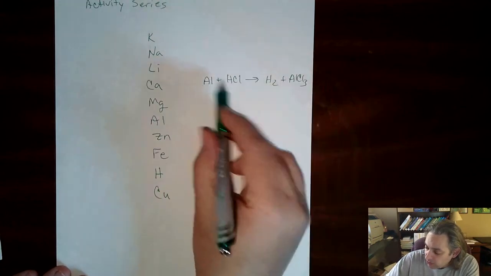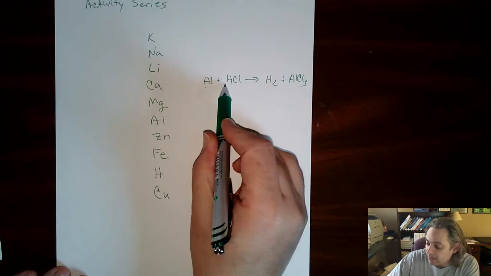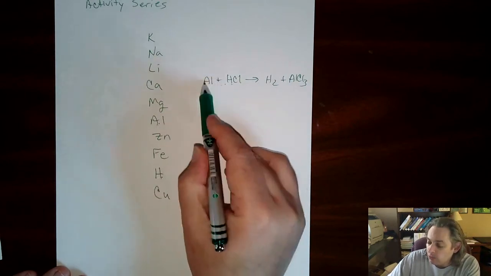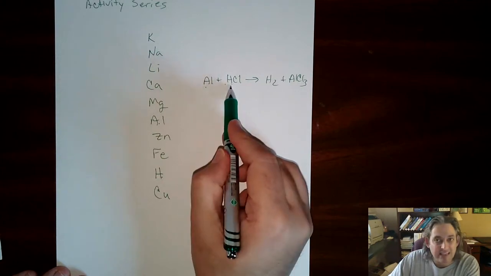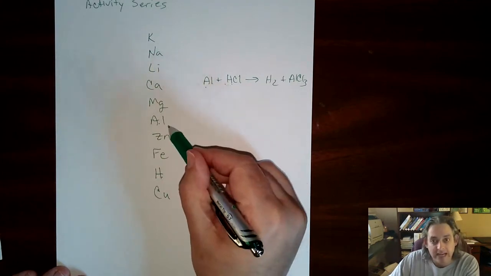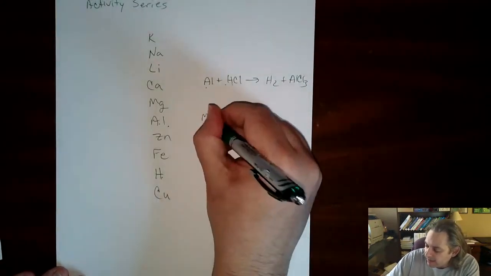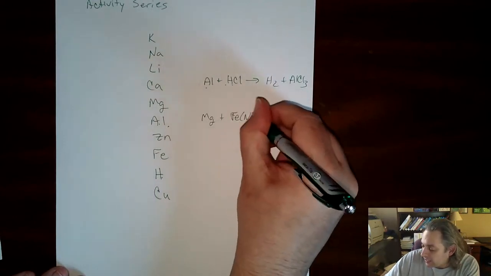The aluminum will displace the hydrogen. Aluminum is more reactive than hydrogen, it's higher than hydrogen, and so aluminum will react and displace the hydrogen. It will basically kick out the hydrogen because it's more reactive. So another example, let's say we have magnesium with iron 2 nitrate.